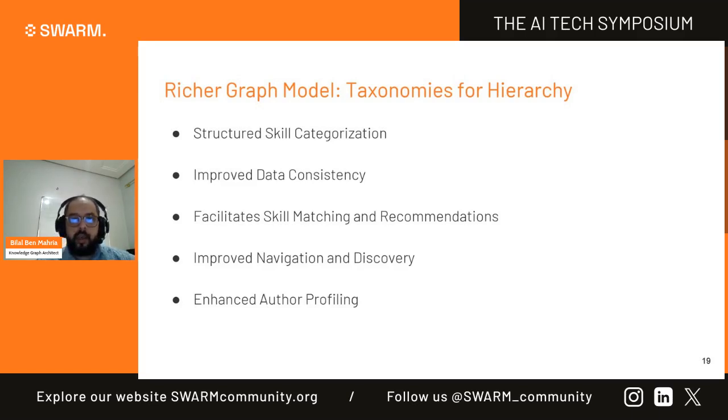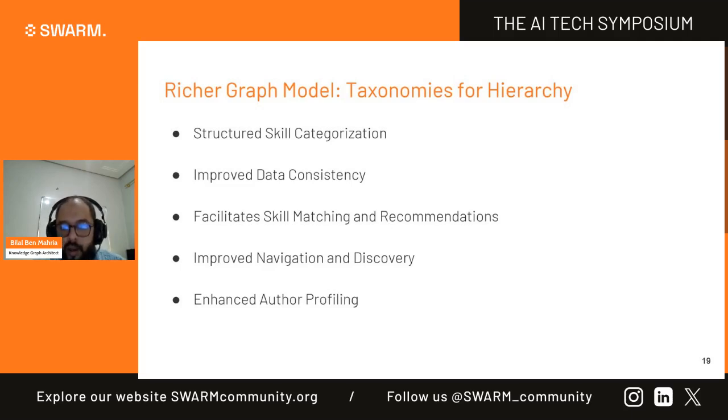This taxonomy provides structured skill categorization, which can give us a good overview for categorizing the authors, and it can also improve data consistency. Why? Because the skill taxonomy can ensure consistent terminology and classification of skills, which reduces ambiguity and improves data quality across the graph.